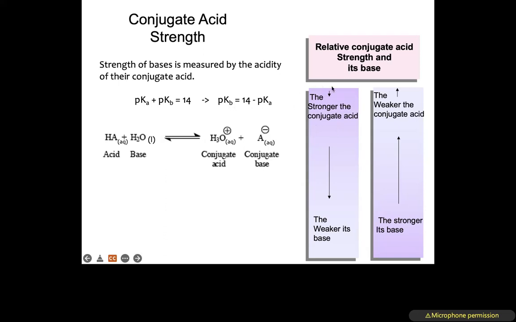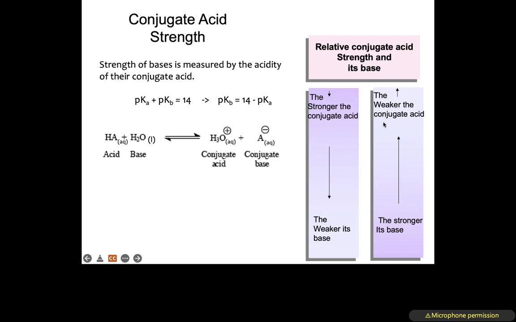So the stronger the conjugate acid, the weaker its base. They are opposite to each other. You can see here, when the pKa value is lower, for example, imagine it is 1, the pKb is going to be 13. So they are opposite to each other.